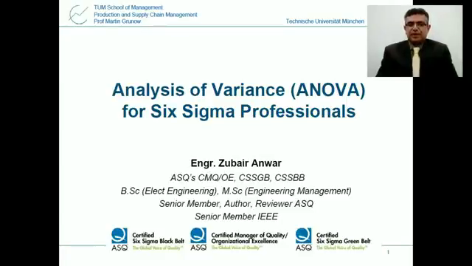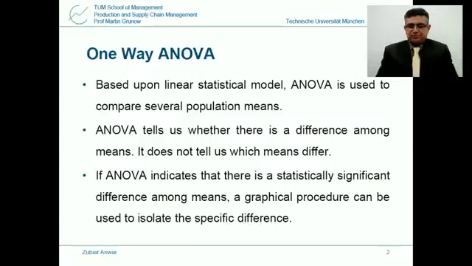As Dr. Holly has discussed the theoretical background on analysis of variance, you would have seen that ANOVA is essentially a linear statistical model which is used to compare several population means.